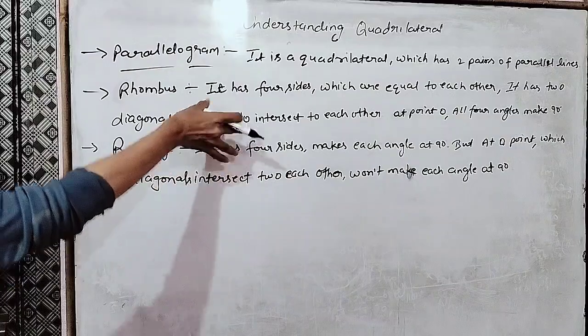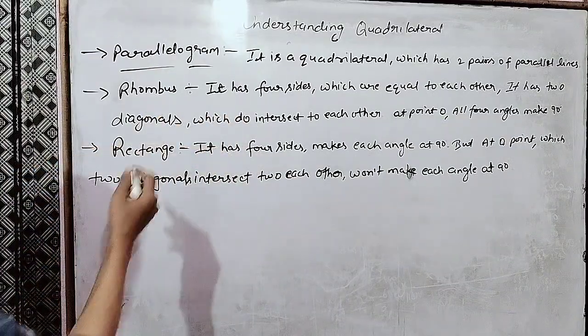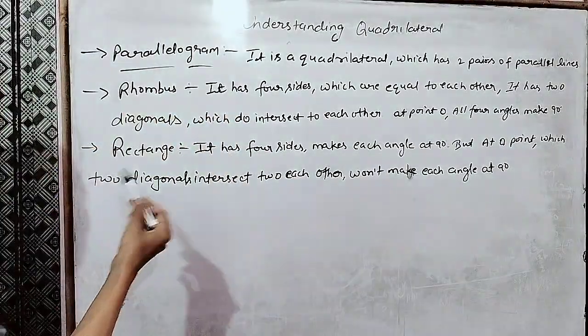This is the difference between the two. We can also say that a rhombus is a parallelogram, and a rectangle is a parallelogram.